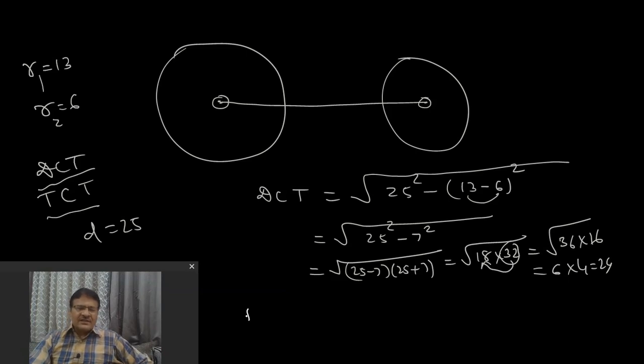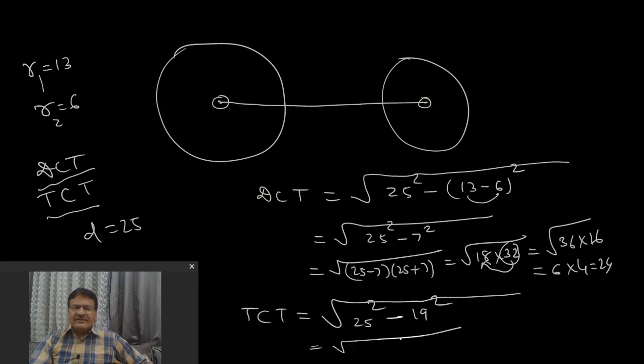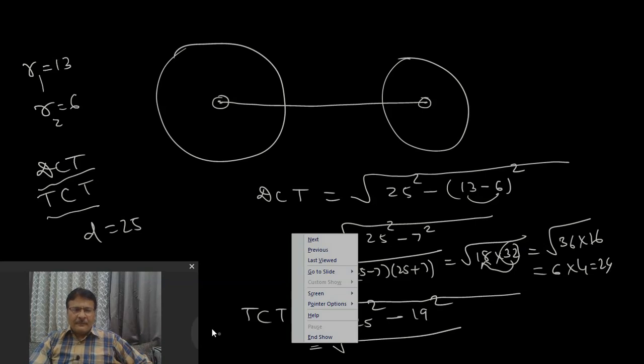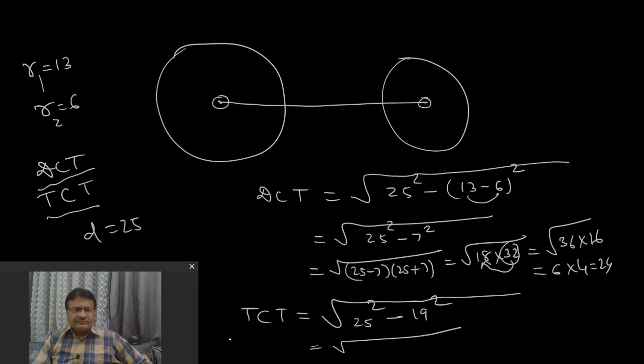And if transverse common tangent is required, then the formula changes, and here instead of minus, plus will come, nothing else will change. So 25 square minus 13 plus 6, 19 square. Is that clear? So finally 25 minus 19, that is 6, multiplied by 25 plus 19, that is 44.